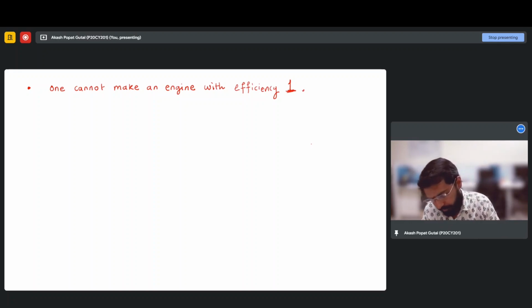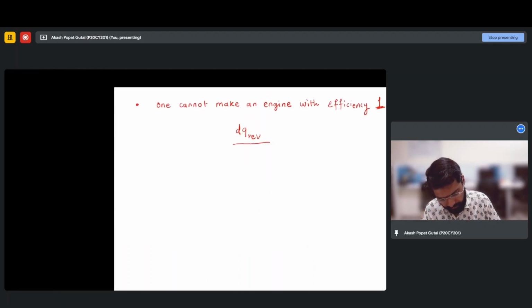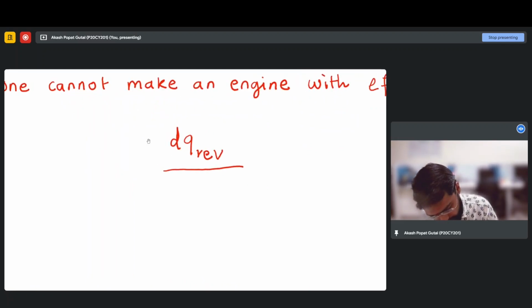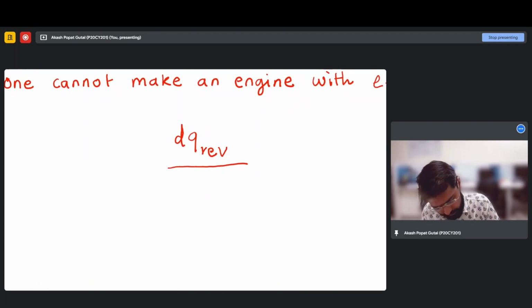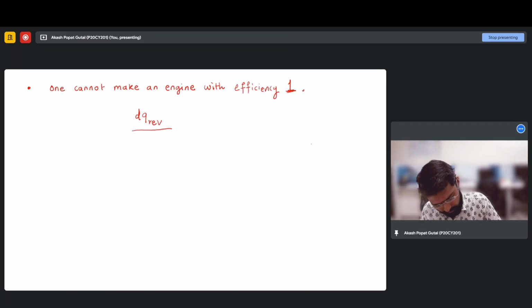And the definition of entropy we get from the Carnot cycle is the heat exchanged by the system in the reversible process at temperature T. That is nothing but entropy.